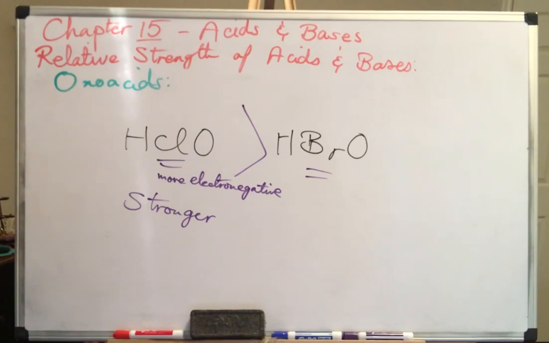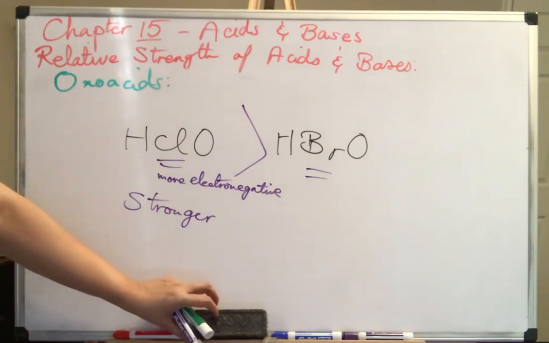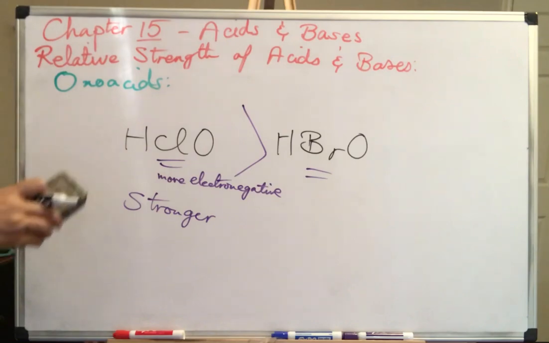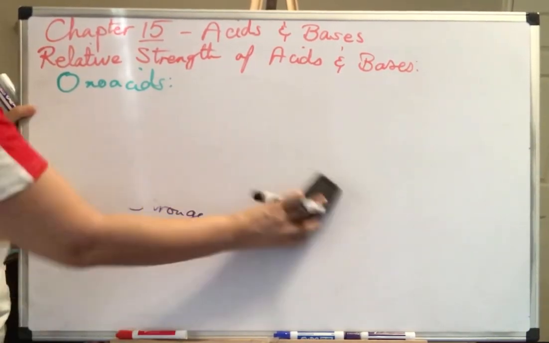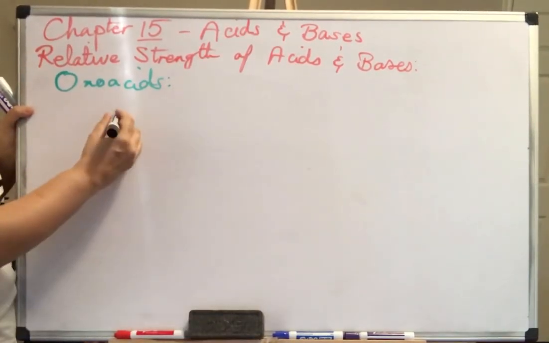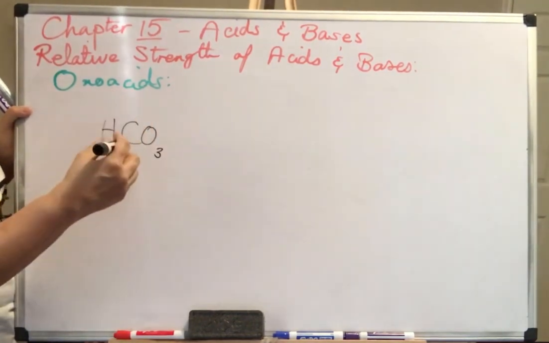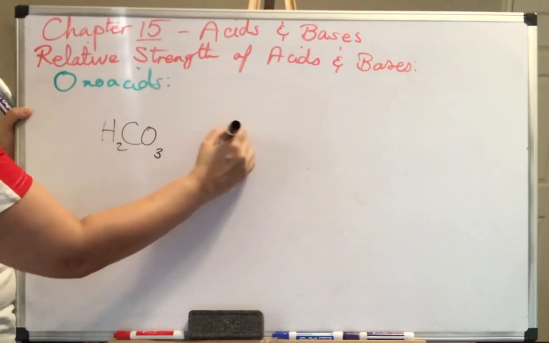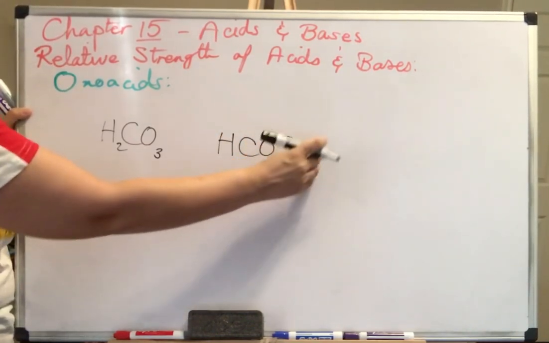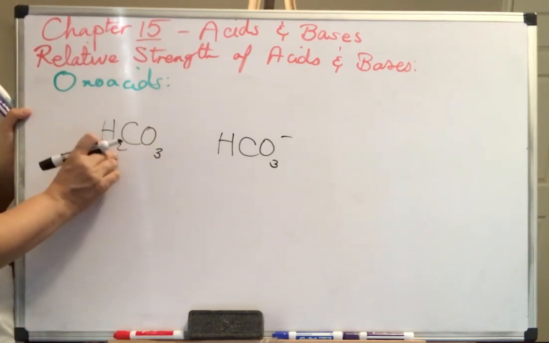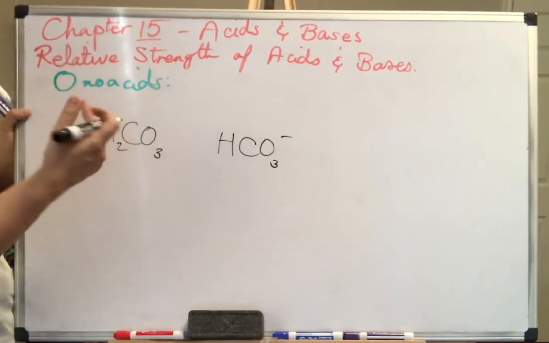Now, the acid strength of a polyprotic acid and its anions decreases with increasing negative charge. That's the last thing for comparing the acidic strength of acids that you need to know. So let's say you are going to compare H2CO3 and HCO3 with a negative charge. Polyprotic acid, what is a polyprotic acid?